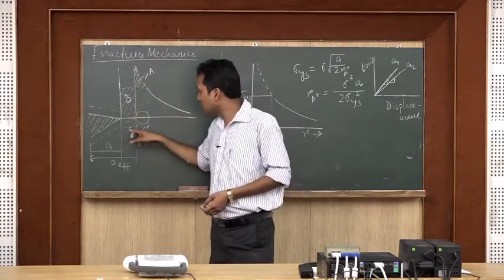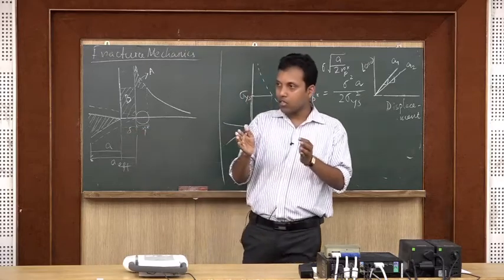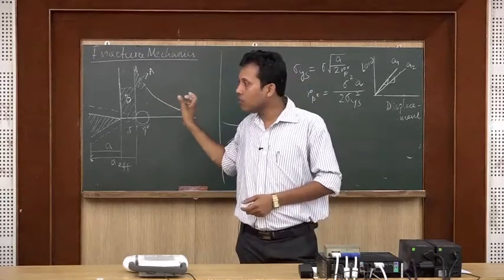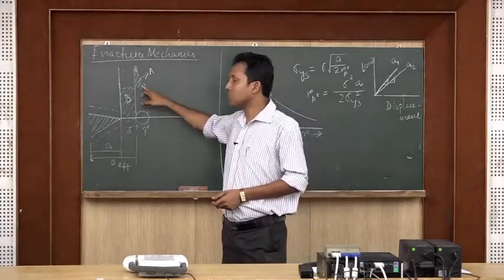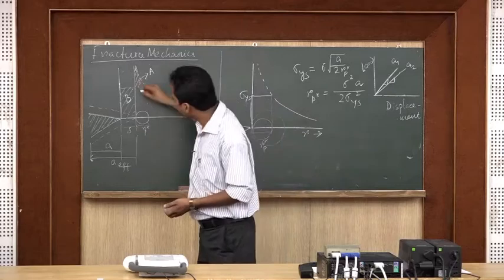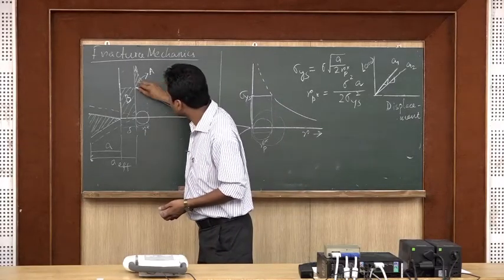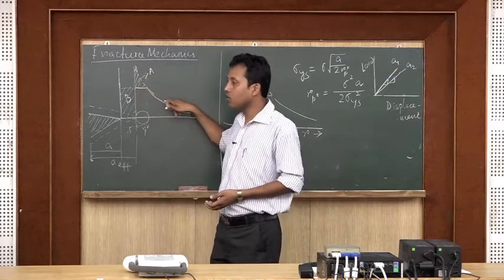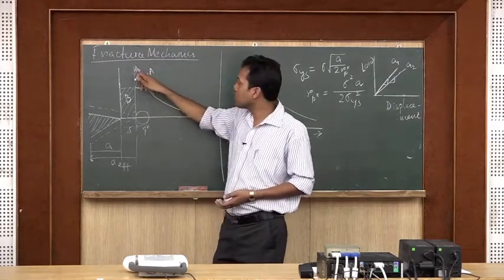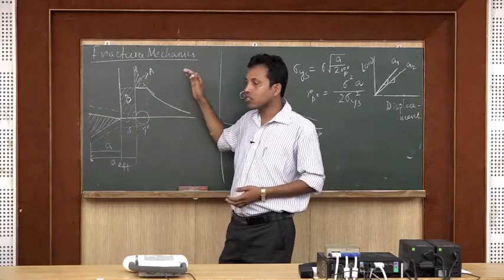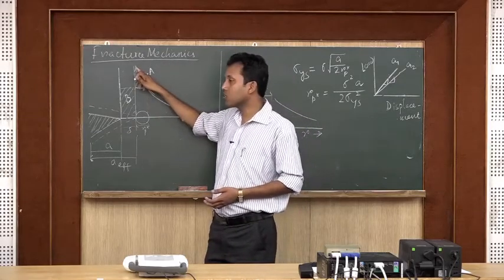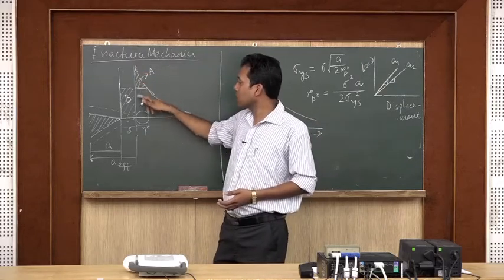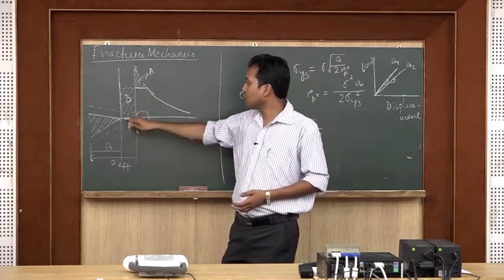Why? Because delta must be that large which is actually considering the load that is cut by this. That means, this is the elastic stress distribution now. Earlier we had the entire one, but we said due to plastic deformation this much elastic stress is not there. So, this much region is the plastically deformed region. So, to compensate that cut we have that extra crack length.